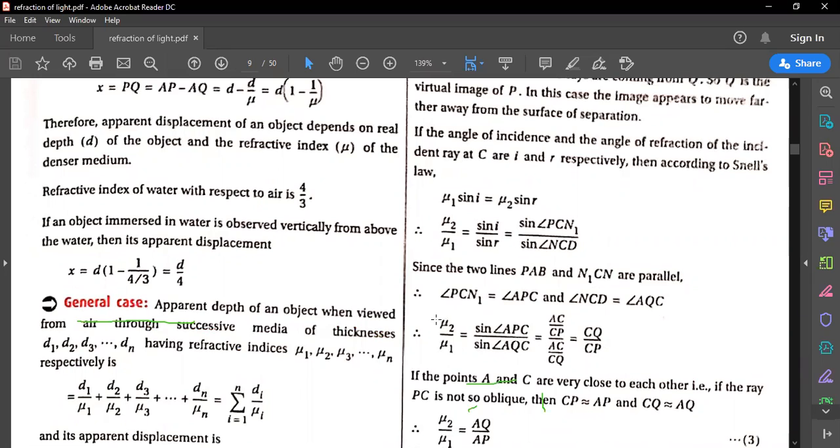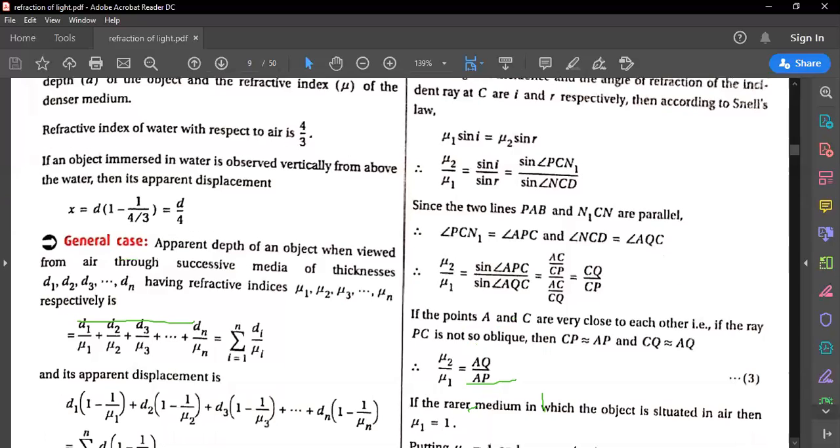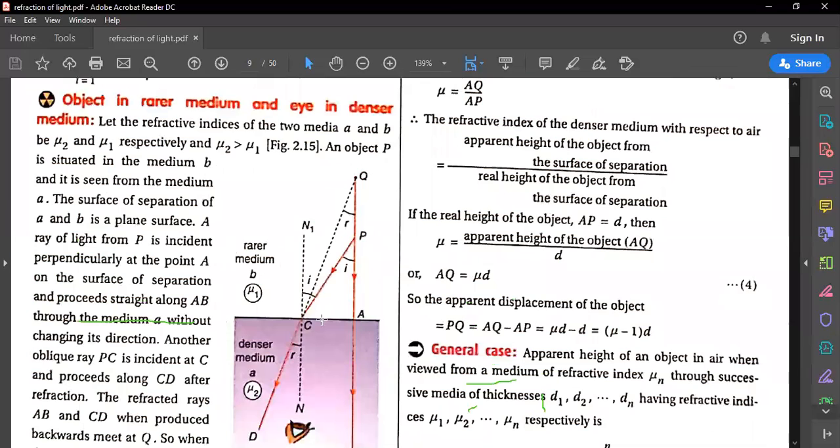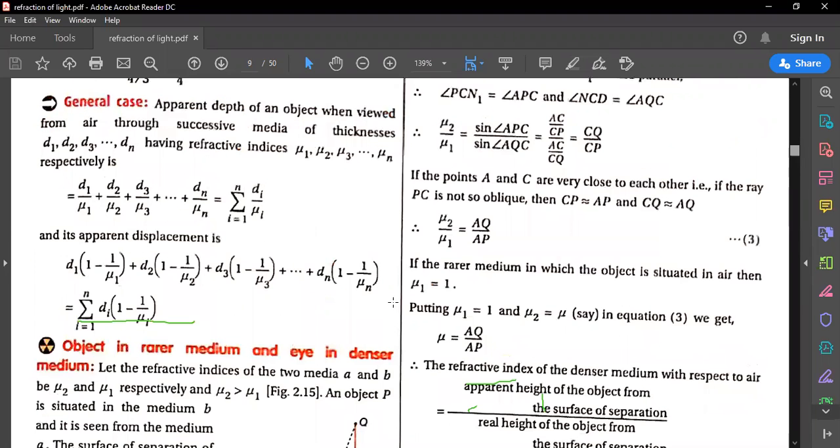So finally, mu2 by mu1 is equal to CQ by CP. These two triangles are similar, so instead of C you can write AQ by AP. So mu2 by mu1 is equal to AQ by AP, right?